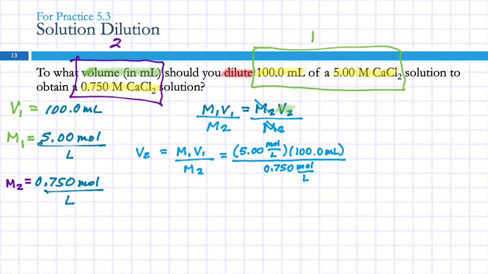Do the units cancel out? Yeah, they do. I have moles per liter up here, and I have moles per liter down there. So those guys are going to cancel each other out. And my answer is going to be in milliliters.